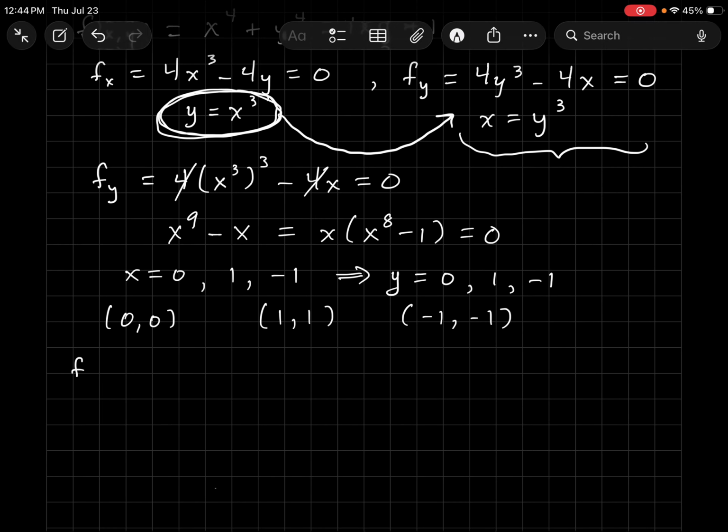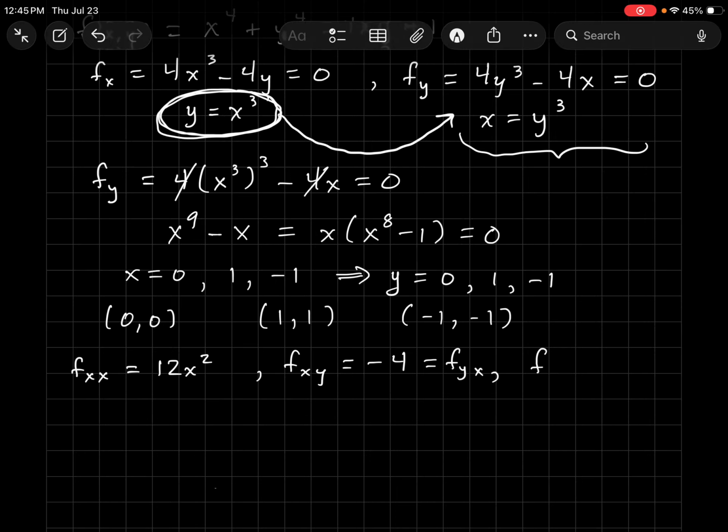Let's get our second partials: f_xx, which is going to be 12x squared. We'll get our mixed partial, f_xy, which is going to be negative 4, the same as the other mixed partial.